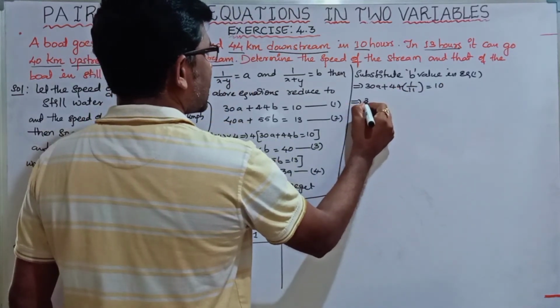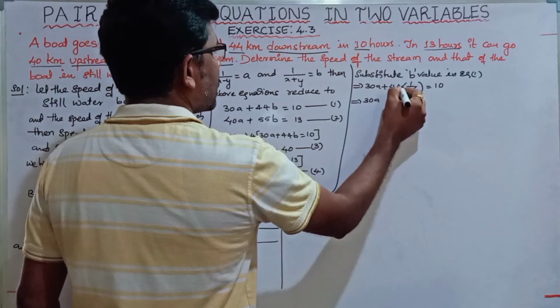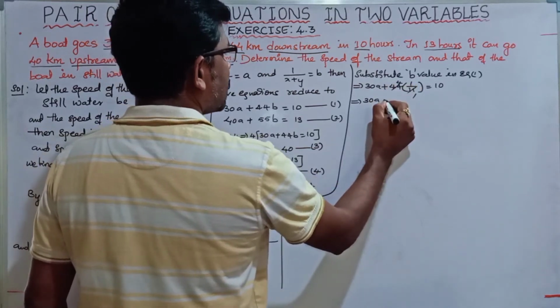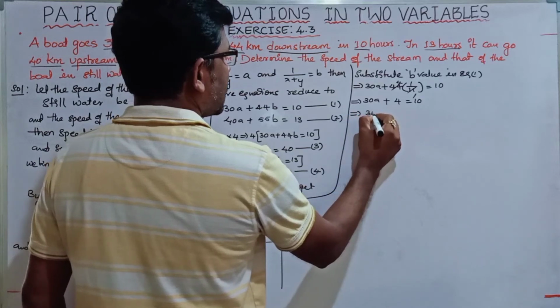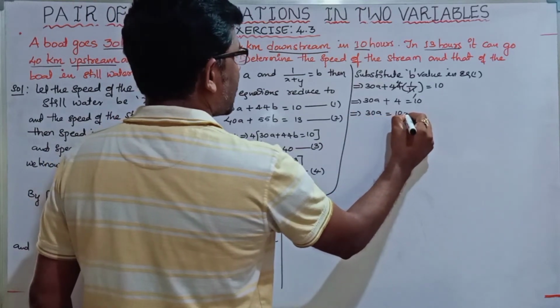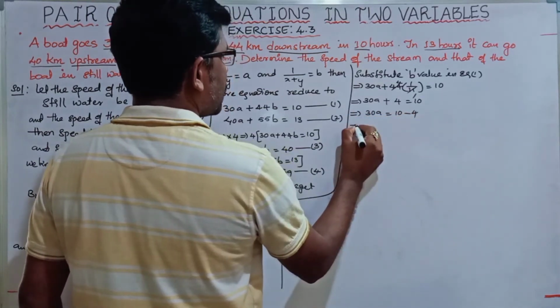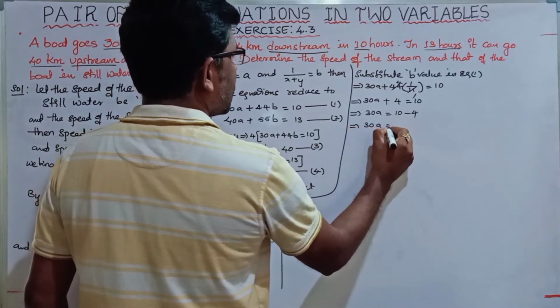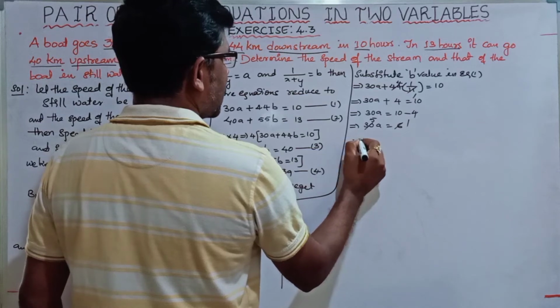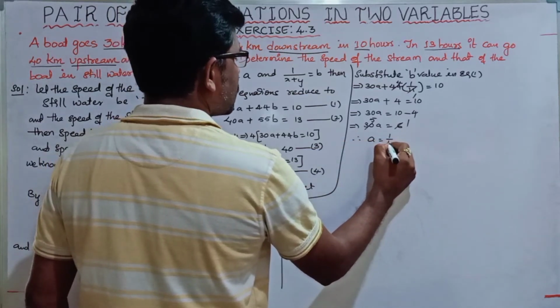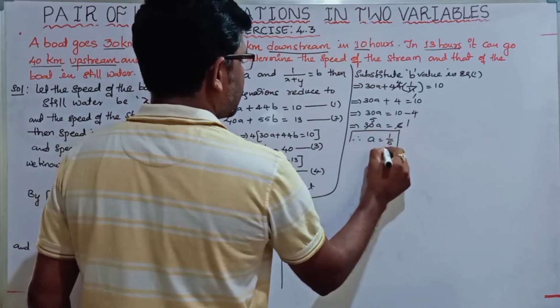It implies 30a plus 4 is equals to 10. 30a is equals to 10 minus 4. 30a is equals to 6. Therefore a is equals to 1 by 5.